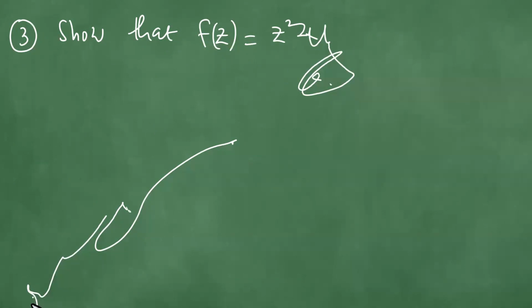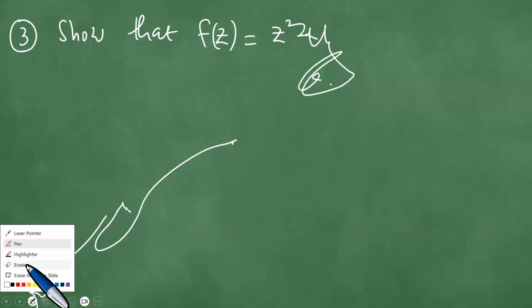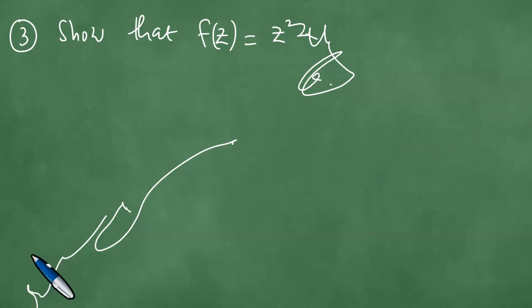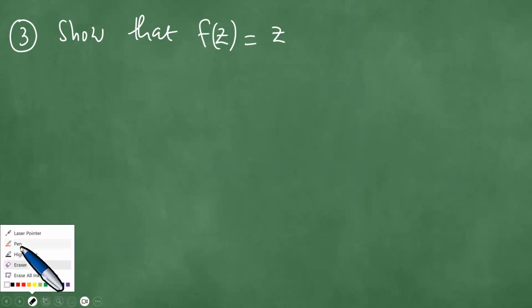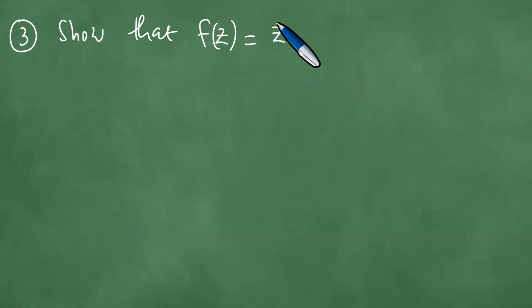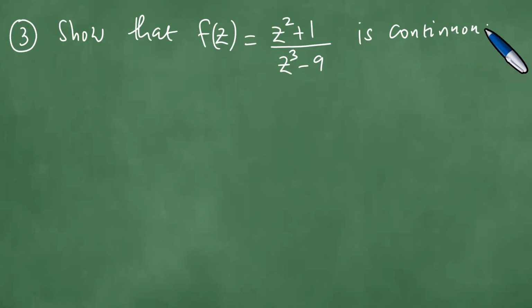Right, we proceed with solving these problems. Let me clean this up. And we say z squared plus 1 divided by z cubed minus 9. So we need to show that this function is continuous and bounded.